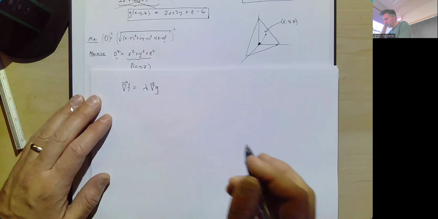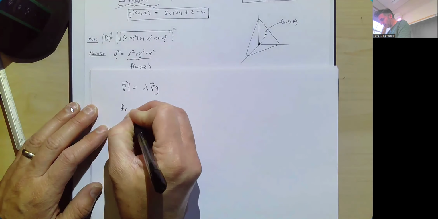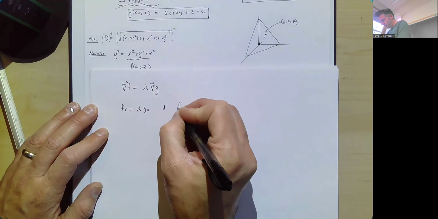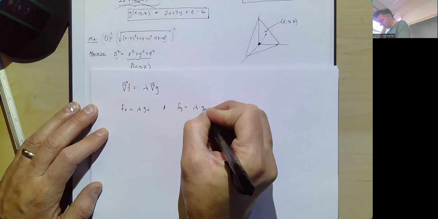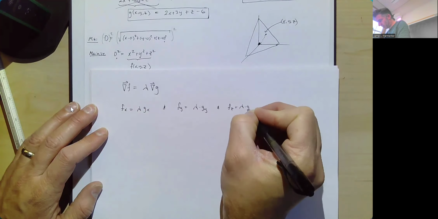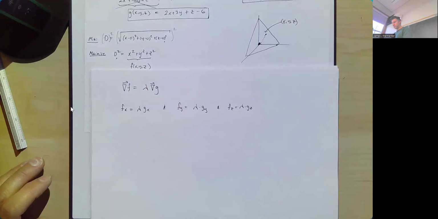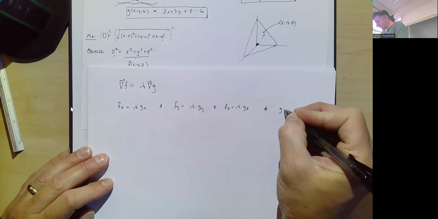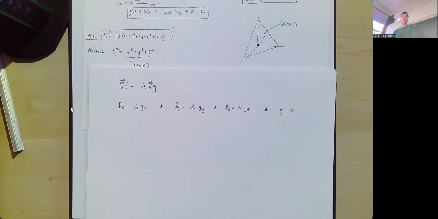It's going to be fx equal to lambda times gx, and then fy equal to lambda times gy, and then fz equal to lambda times gz. And I should also say, g equal to 0. That's our fourth equation, just the constraint equation that we already started with.